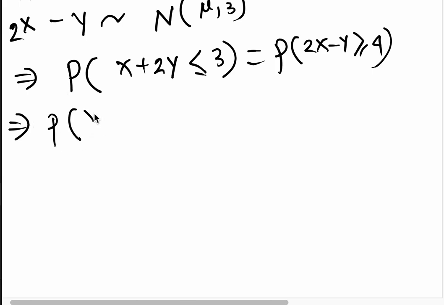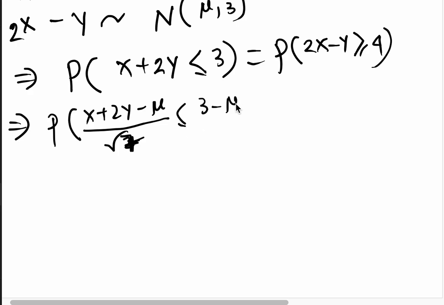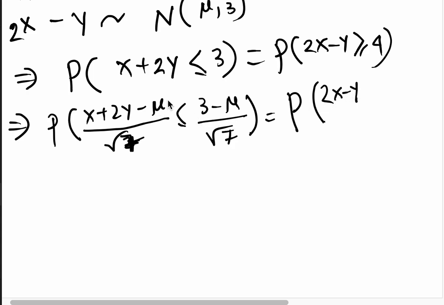That means the probability of (X plus 2Y minus 3 mu) by root 7 less than or equal to (3 minus 3 mu) by root 7 equals the probability of (2X minus Y minus mu) by root 3 greater than or equal to (4 minus mu) by root 3.